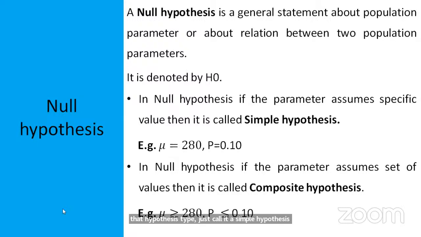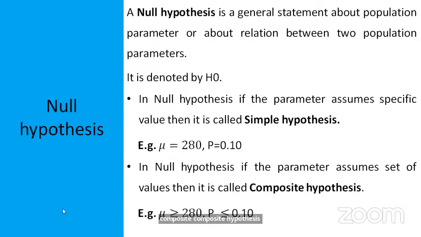If the parameter assumes a set of values, that is less than or greater than, for example mu is greater than 280, or p is less than 0.10, where mu is the mean and p is the proportion, this is a composite hypothesis. It describes a range or set of values. Exact values mean a simple hypothesis.